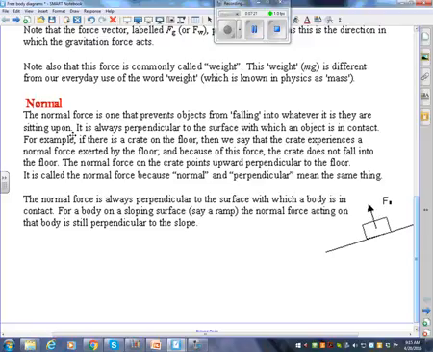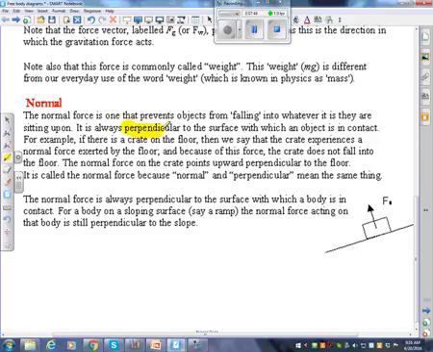Okay, normal force. Now, normal does not mean the normal definition of normal. Normal means perpendicular. Normal force is one that prevents objects from falling into whatever they're sitting upon. We've talked about this, equal and opposite, action, reaction. It's always perpendicular to the surface with which an object is in contact.